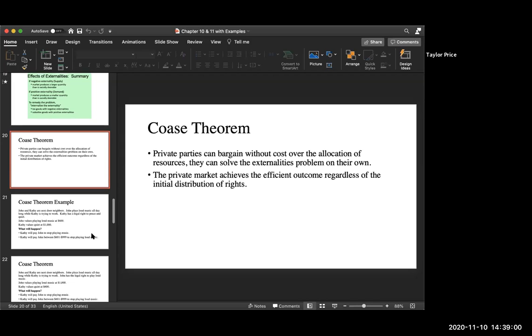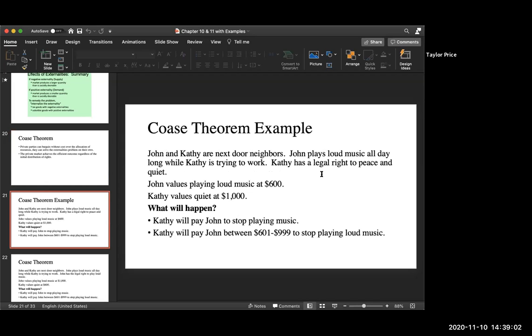In the example problem, the first part is generic, but this is the really important part, and this is what the Coase theorem is. Either one person has a legal right to peace and quiet, or the other person has the right.